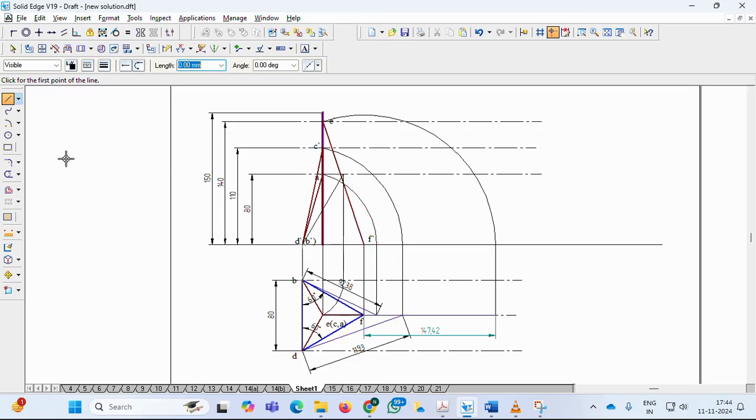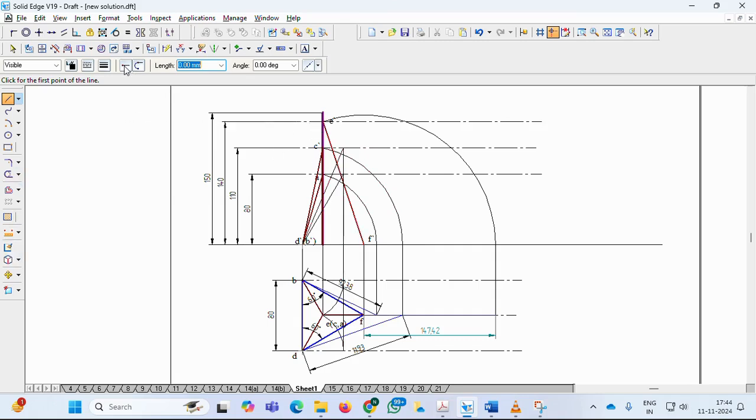So next again, this is the point we have rotated, that is C. So till C.